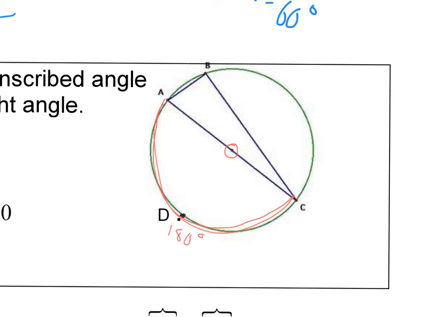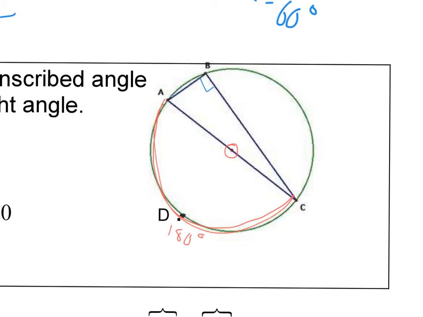Anytime an inscribed angle intercepts an arc, it's exactly half. What's half of 180? It's 90. So anytime we have an inscribed angle that goes straight to half a circle, it's got to be a right angle.